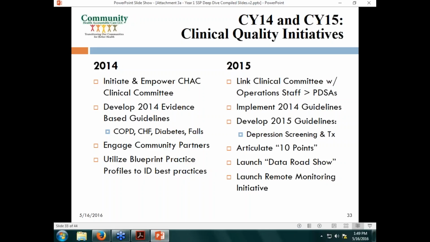In 2015, again, I'm going to talk about our clinical committee, and we roped in with our clinical committee. We also have an operations committee of practice manager, COO type folks from our network practices, the folks who get stuff done once the clinical committee sets the path. And we had a major initiative this past year in 2015 around doing plan, do, study, act cycles.